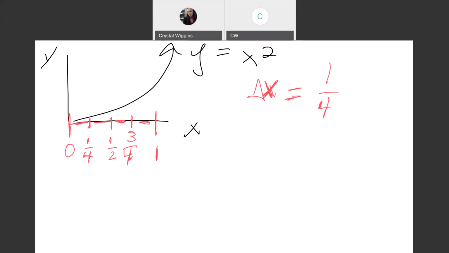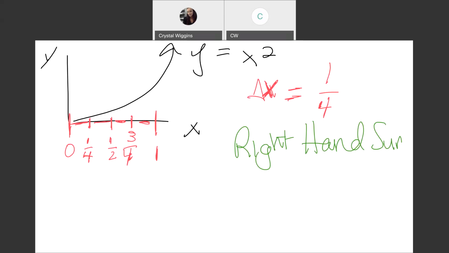Now, when we draw the rectangles, and when we want to do right-hand rectangles, it's called a right-hand sum, commonly denoted RHS, meaning we are calculating rectangles where the height is determined from the right side. So if I start on the right, I'm going to draw the first rectangle.